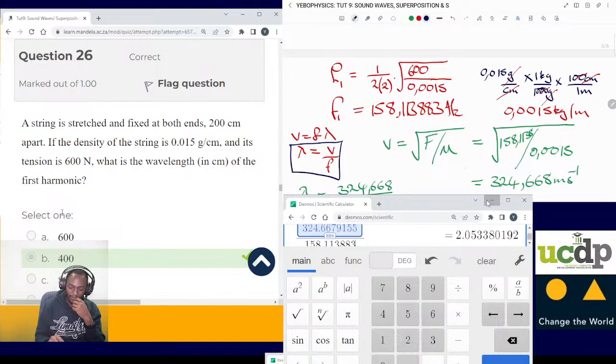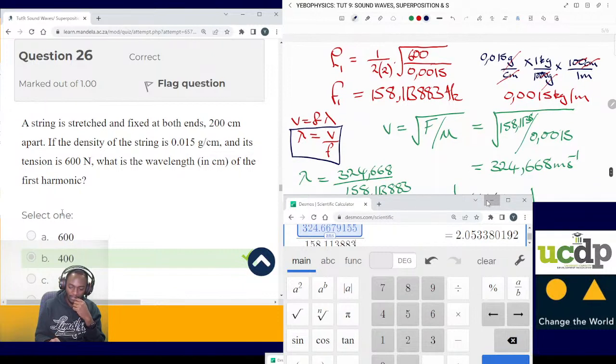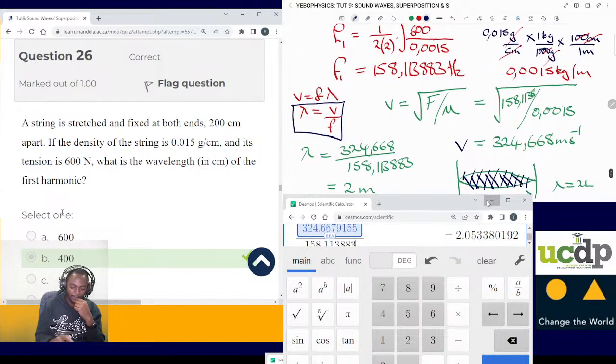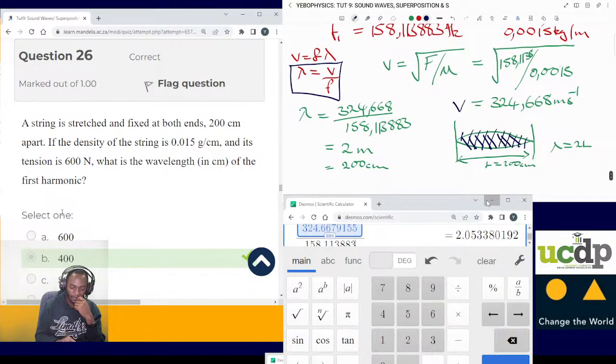That is 158 over the density, which is 0.015. We got a velocity v of 324. And then 324 divided by that, we get 2 meters as the wavelength, and we get 200 centimeters. And now this 200 centimeters that we get, wouldn't it then be 4? N equals 2.